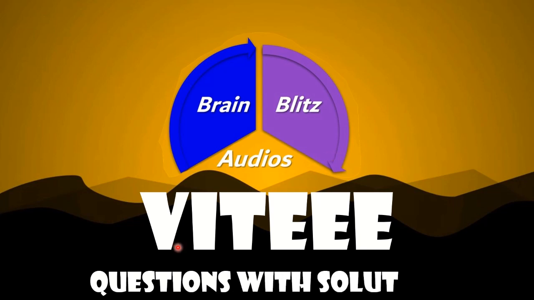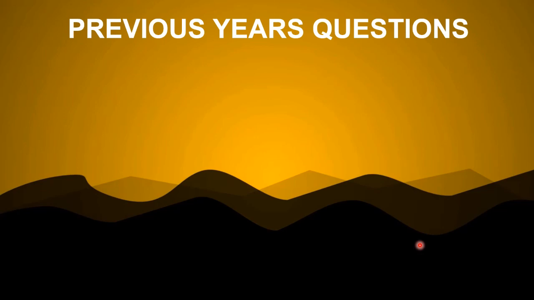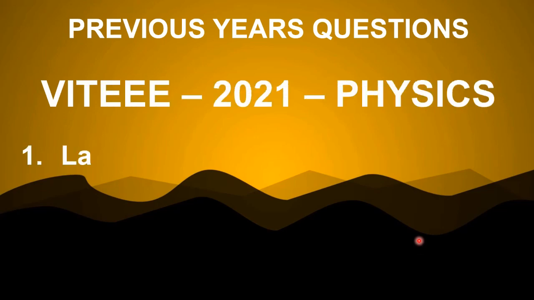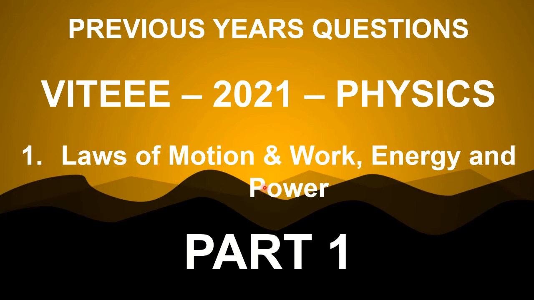Today in this episode of VITEEE Questions with Solution, we are going to be looking at some questions of physics. So as you've all requested, we've moved on to solving questions of physics as well as chemistry. In this chapter, we're going to look at questions related to laws of motion and work, energy, and power.